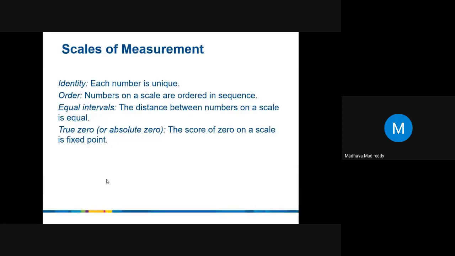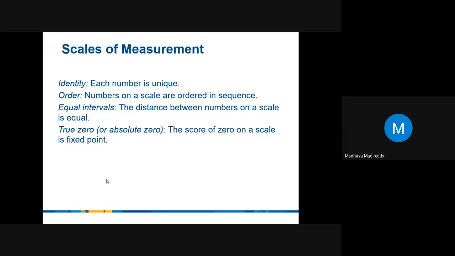The scales of measurement are very useful. Identity means each number must be unique. Order means that they are ordered in sequence. For example, with an Uber rating, a 5 star rating is better than a 4 star rating. We can also divide them into equal intervals, meaning the distance between any two numbers on a scale is equal.